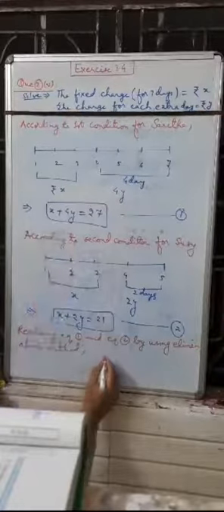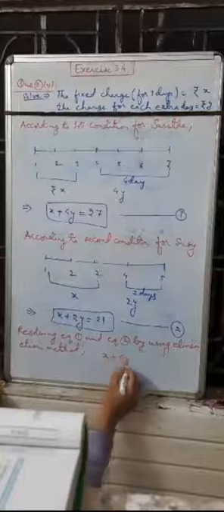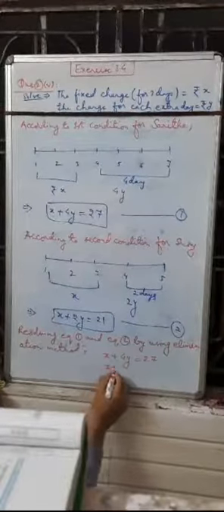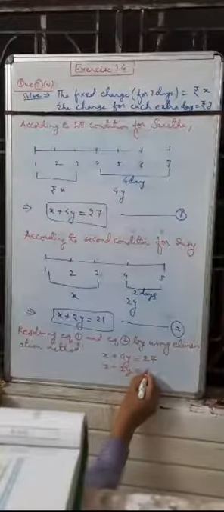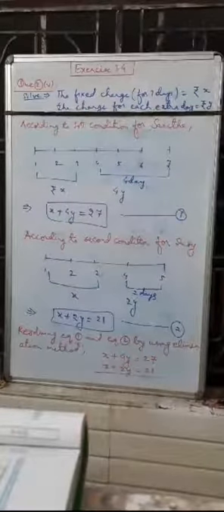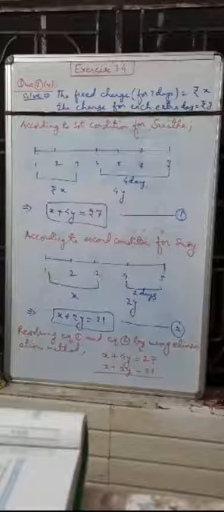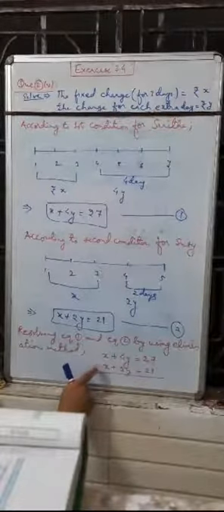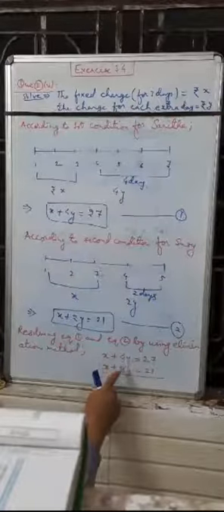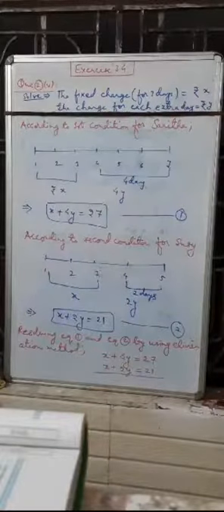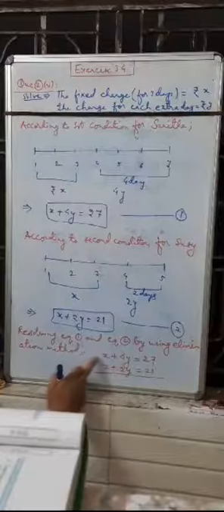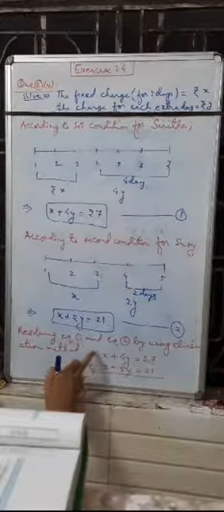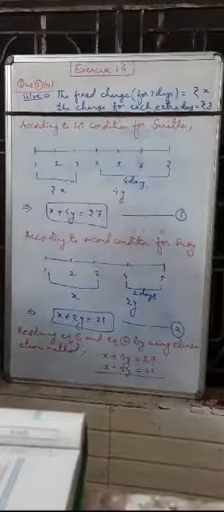We will write both the equations: x plus 4y is equal to 27 and one more equation x plus 2y is equal to 21. So what is our target in an elimination method? We have to make the coefficient of x the same in both the equations, or the coefficient of y. So the coefficient of x is 1 here and the coefficient of x in the other equation is also 1. So both the coefficients of x are the same here.